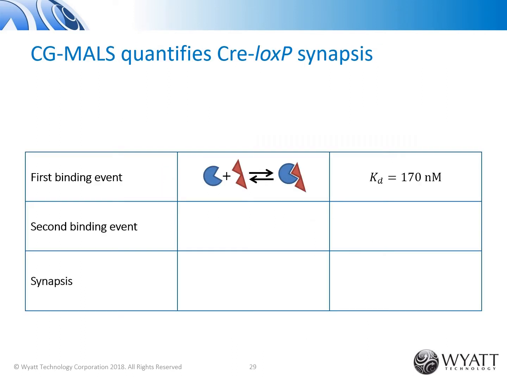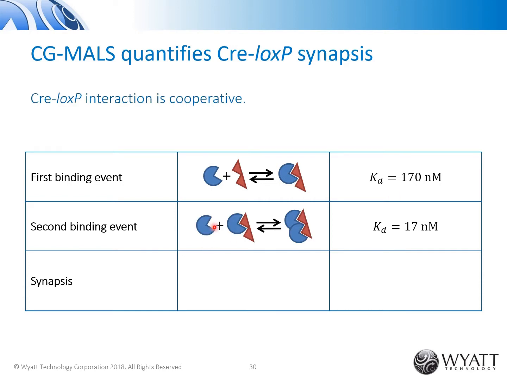So the right fit requires 3 different complexes. The first one is one Cre protein bound to the DNA, and this first binding occurs with an equilibrium dissociation constant of 170 nanomolar. Then a second Cre binds to this complex, and we find that this second event is cooperative.